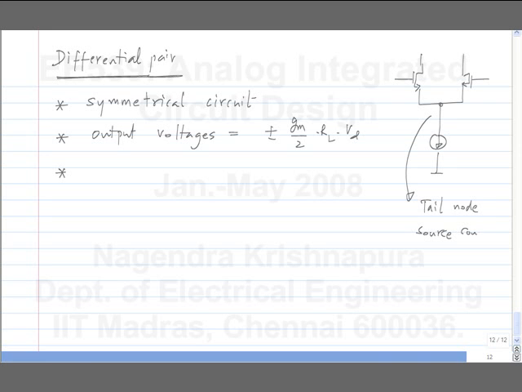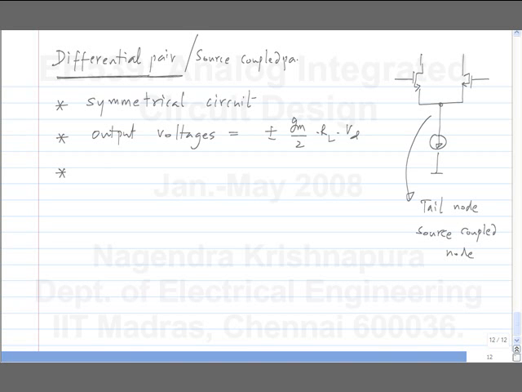So this circuit is also called the source coupled pair because we took a source follower and coupled it to the source of the common source amplifier. Okay. So this is known as the differential pair or the source coupled pair.